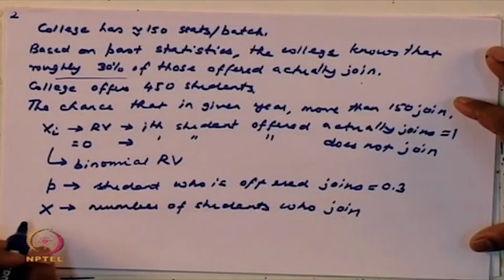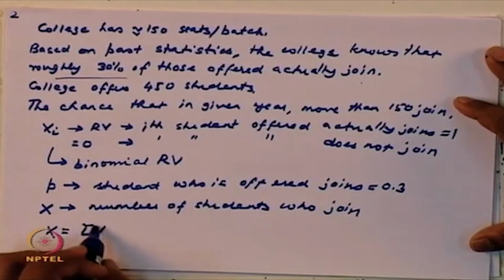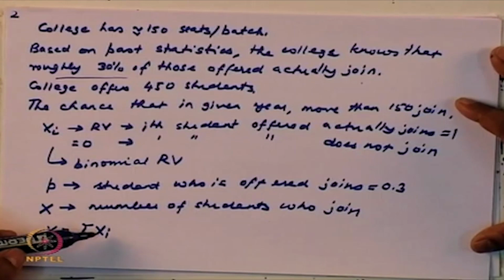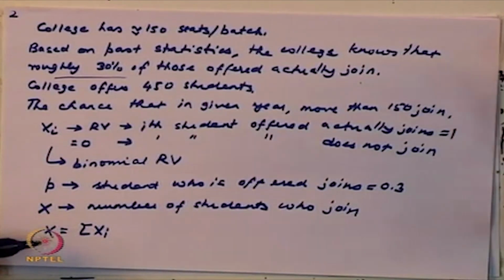So, what will be x? x I can write as summation of xi, because each xi is 1 if the student joins. So, if I add all of them, then x is the random variable of the number of students who join.